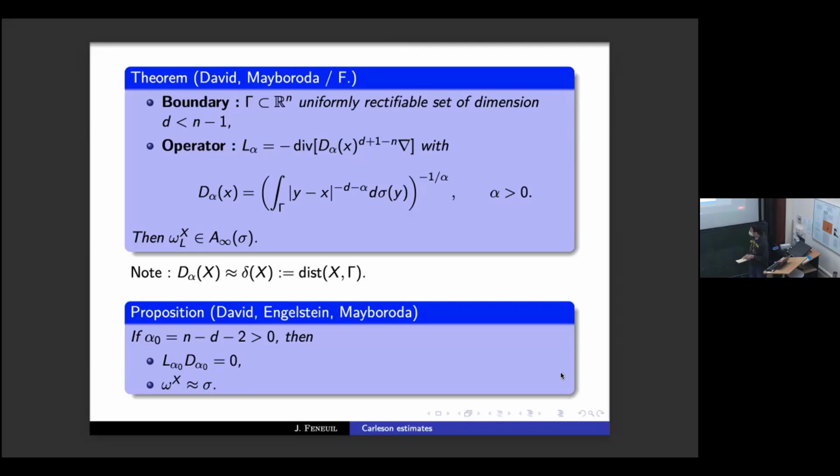So for this set and for uniformly rectifiable set, using these operators, which are constructed for any set, any alpha, then we prove that the elliptic measure constructed from this operator is A infinity with respect to the Hausdorff measure on the uniformly rectifiable set.